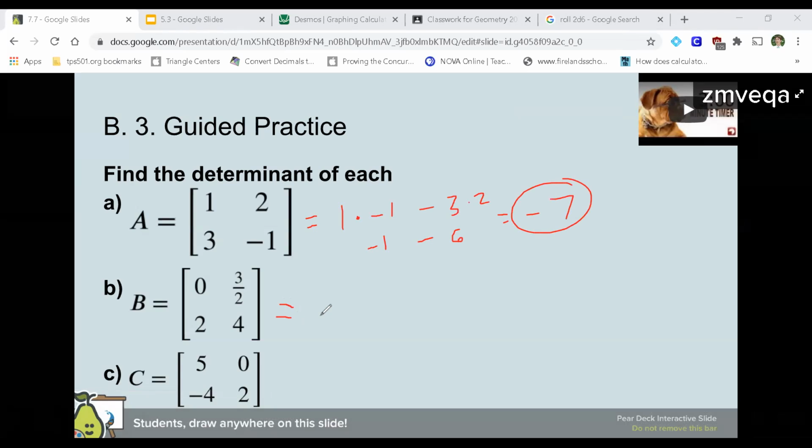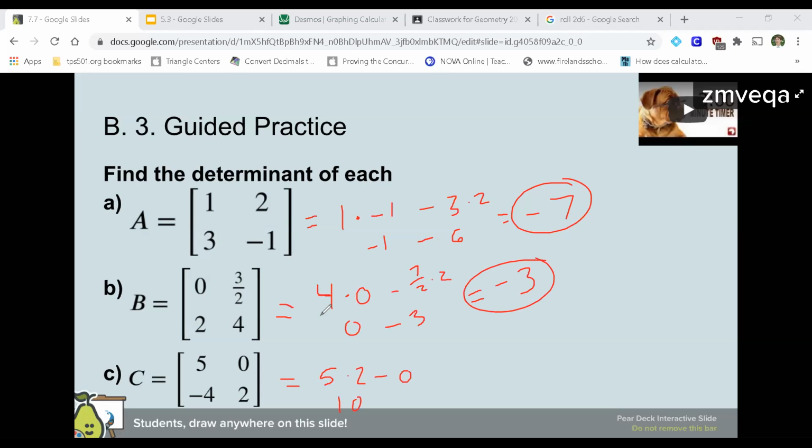So 4 times 0 is 0. And 3/2 times 2 is 3. And then -3. We got the last one? 5 times 2 is 10. -4 times 0 is 0. So 10 minus 0 is 10.